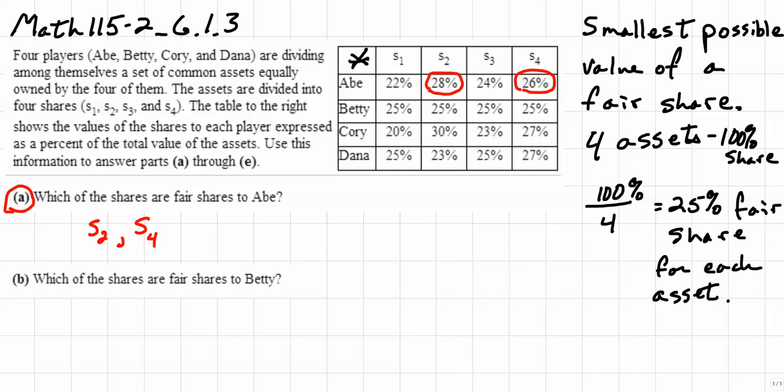Once again, we're looking at the fair shares in comparison to the smallest value. Remember, the smallest value is 25%. And we'll see that Betty actually divides everything at 25%. So she considers all four of them to be fair shares. And your answer would be S sub 1, comma, S sub 2, comma, S sub 3, comma, S sub 4.